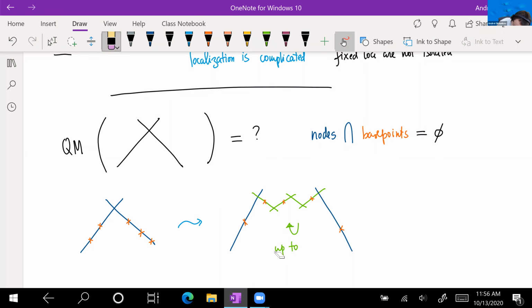Maybe mod out, not up to, means you mod out by the action, in this case of C star cubed. And so that's just the definition. It means quasi-maps from a nodal curve. They allow this.